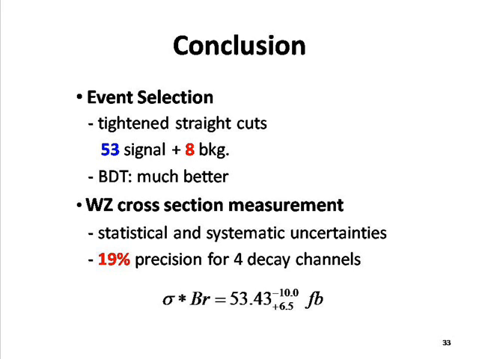Based on the selections, we calculate the WZ cross section, and also analyze the statistical and systematic uncertainties. Finally, we get a 19% precision for the 4 decay channels combined together. Alright, thank you.